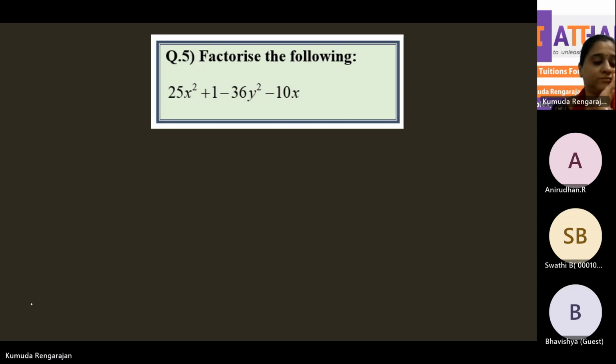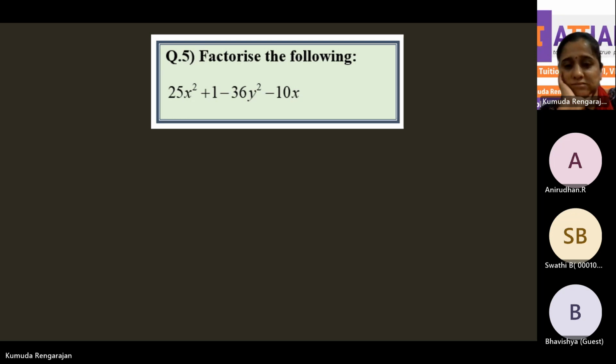Swati? Ma'am, first I just regroup 25x square minus 10x plus 1 minus 36y square, and then using the identity, it is in the form x square minus 2xy plus y square. 25x square can be written as 5x the whole square, and 1 can be written as 1 square, and for 2xy we can write 2 into 5x into 1.